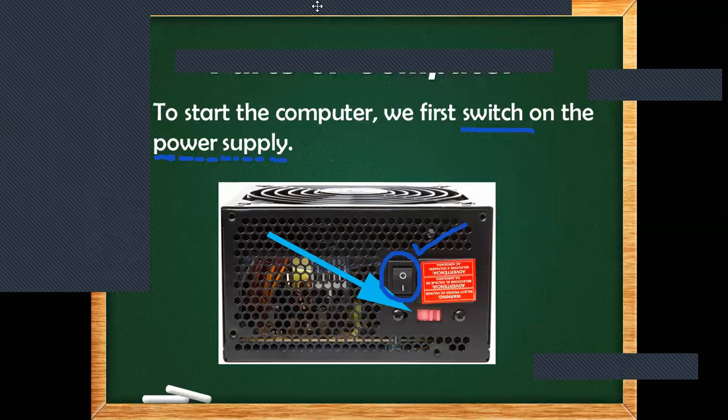So to start the computer, first you have to switch on the power supply so that the computer will get current. When you press this button, the computer has an option now to start, but right now the computer is not started. Only electricity reached the computer. The power supply just opens the gate for the electricity.